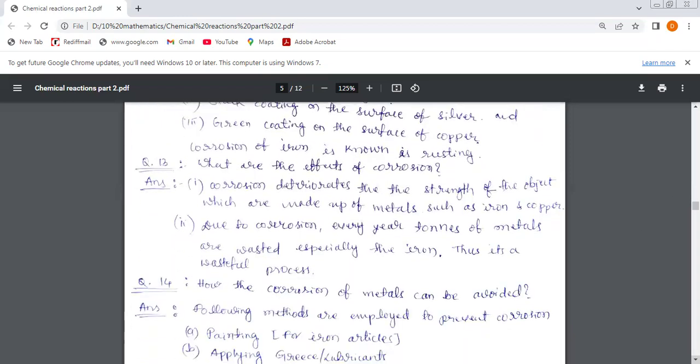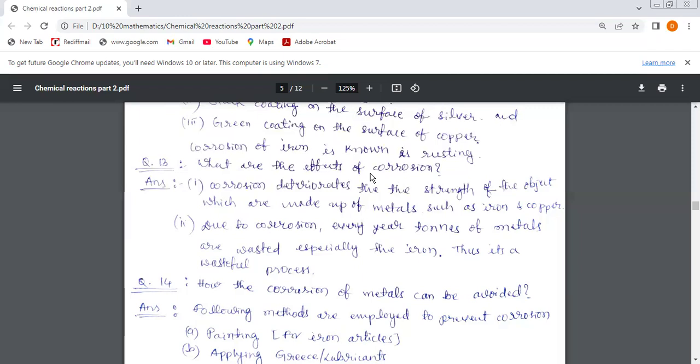The next question is, what are the effects of corrosion? Corrosion deteriorates the strength of objects made of metals such as iron and copper. Once corrosion has taken place, the strength of the material becomes very weak, so they easily break down.